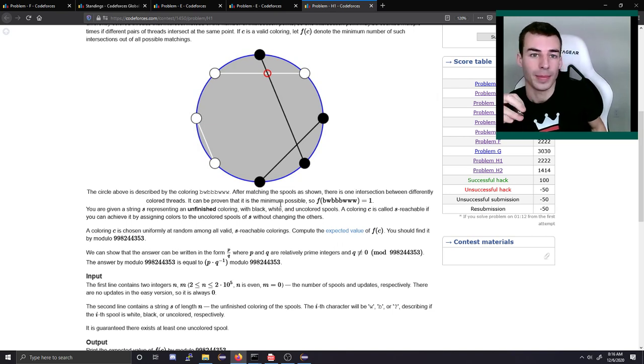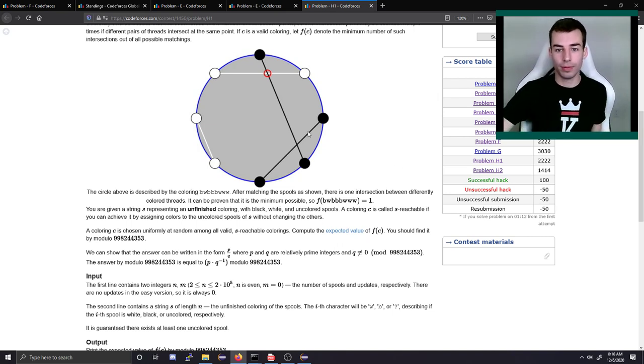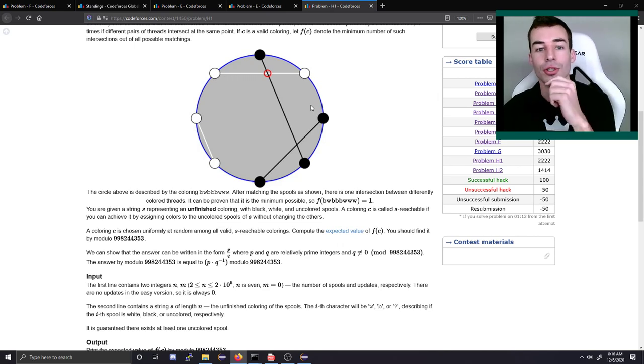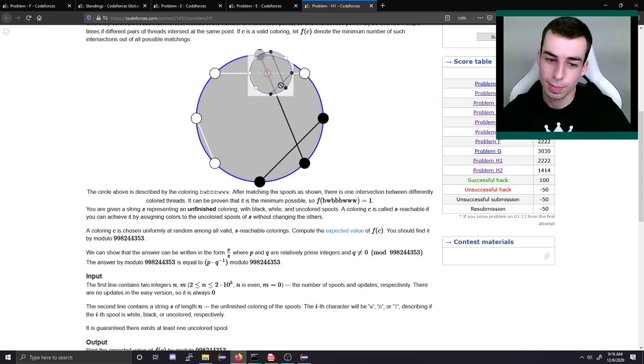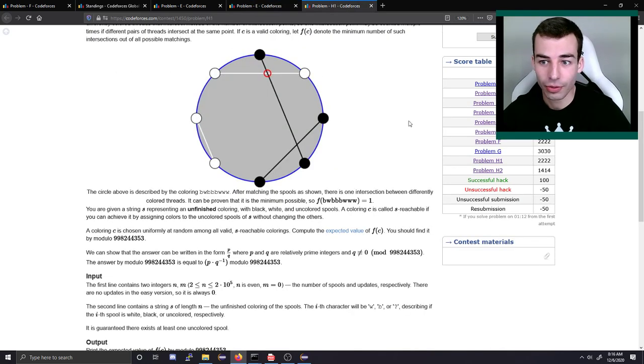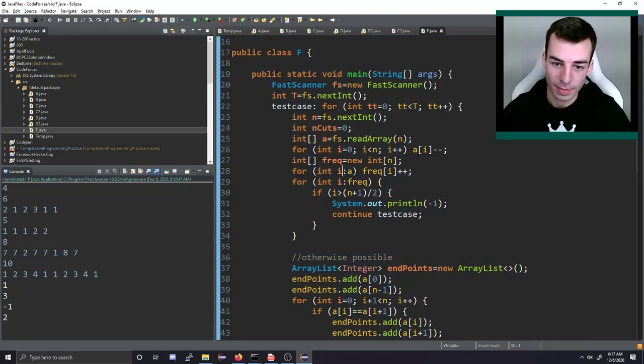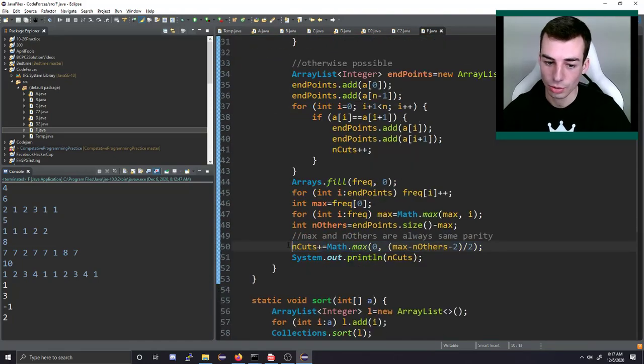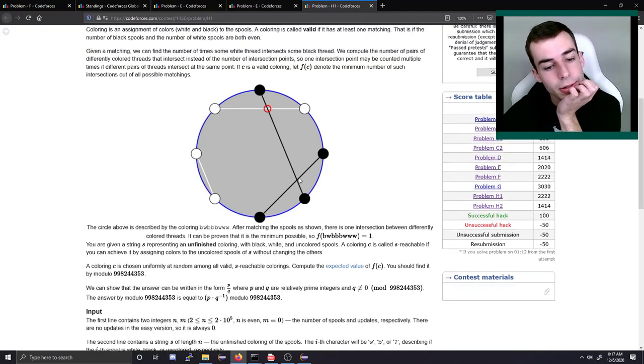Man, all these problems feel like they're parity observations here. There's definitely parity stuff going on here. For E, it feels like it's 2 coloring-ish. And for the problem I just solved, it had parity math here to make sure this worked. Maybe this wasn't part of the solution, but still interesting.